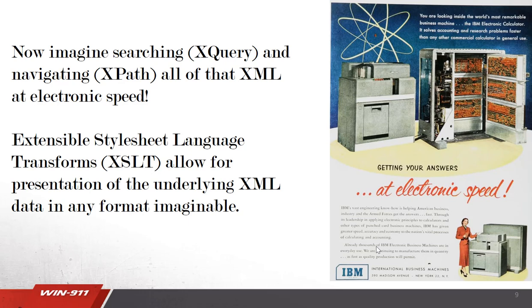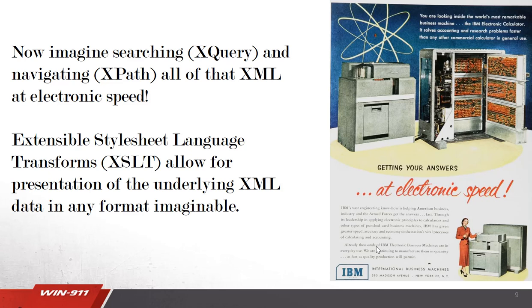XSL started off as a technology for moving from one XML schema to another. I mentioned that a car inventory for a dealer may look very different from a car inventory for a car manufacturer. And so moving from one set of data and its representation to another requires some sort of transform.